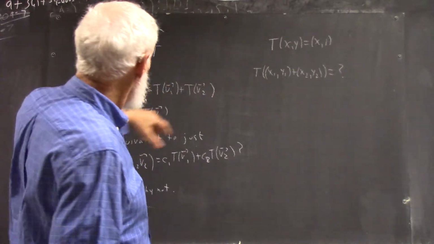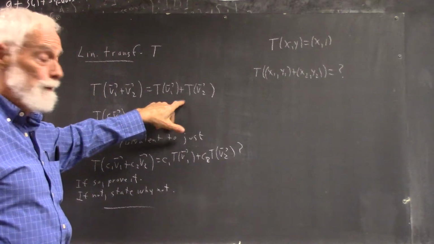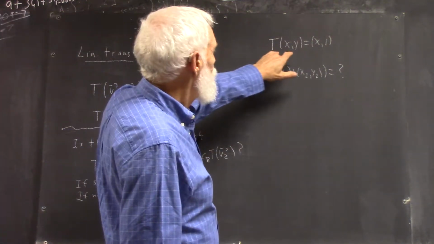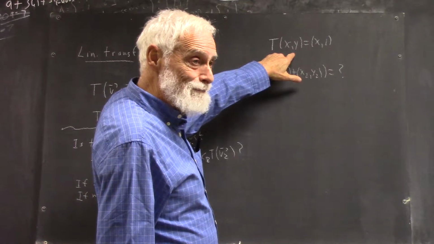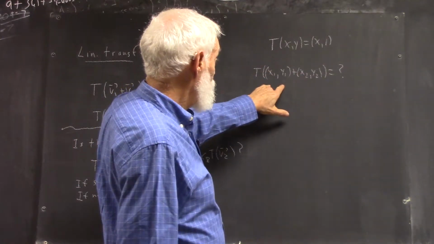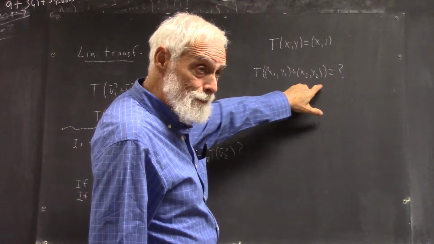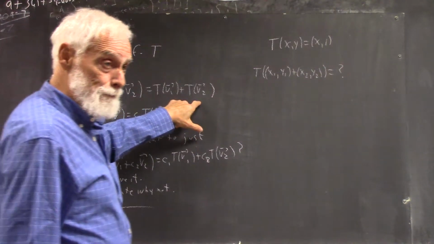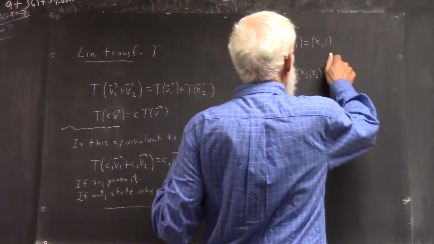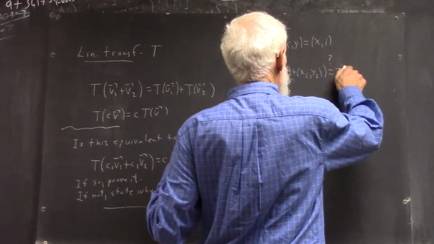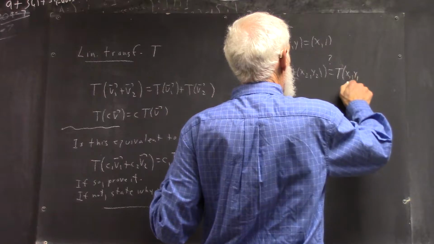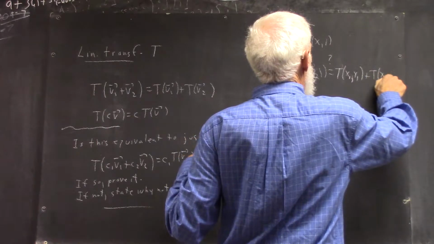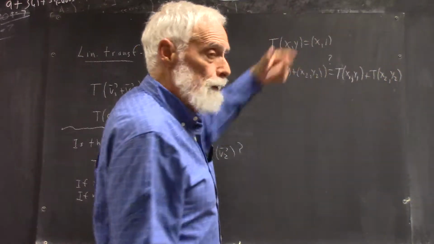To test the first condition, we take two different examples of (x, y), which we might call (x1, y1) and (x2, y2), and see if T of v1 plus v2 equals T of v1 plus T of v2. That's what we're trying to test.